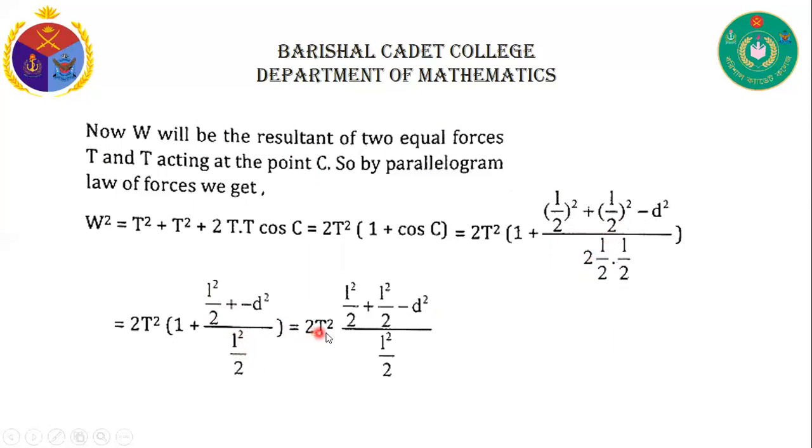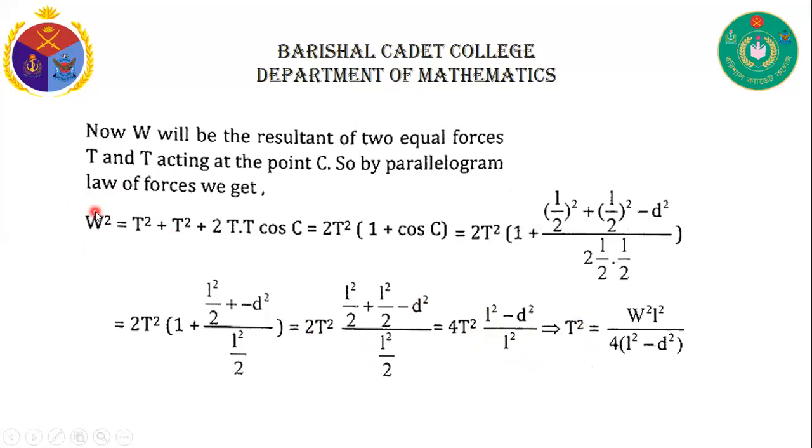So 2T square, and now taking the summation, L square by 2 plus L square by 2 minus D square, and then 4T square into L square minus D square by L square.